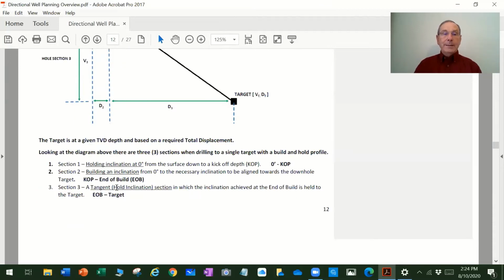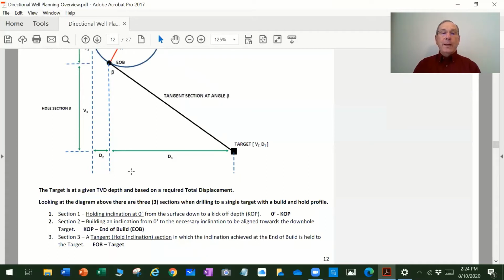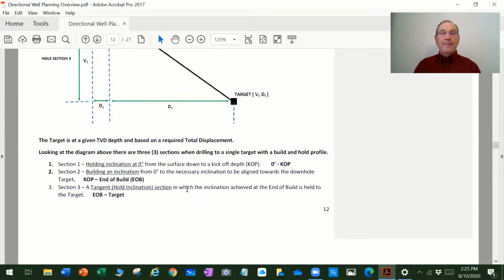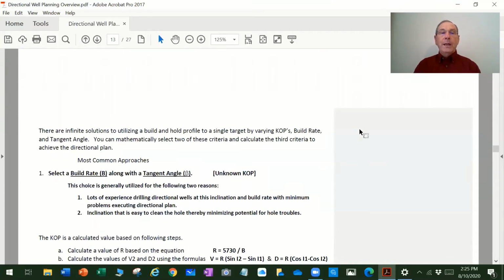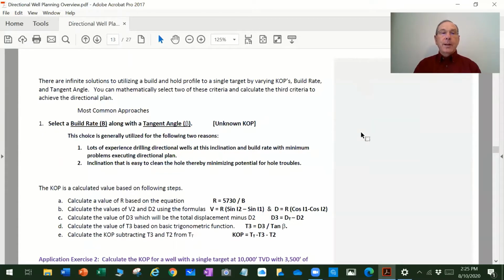And then the last, section 3, is the tangent hold section, in which the inclination is held at whatever we achieved at the end of build, and we drill at a constant inclination from the end of build to the target TD. It's very important to understand you have three sections even on a simple build and hold to a single target.